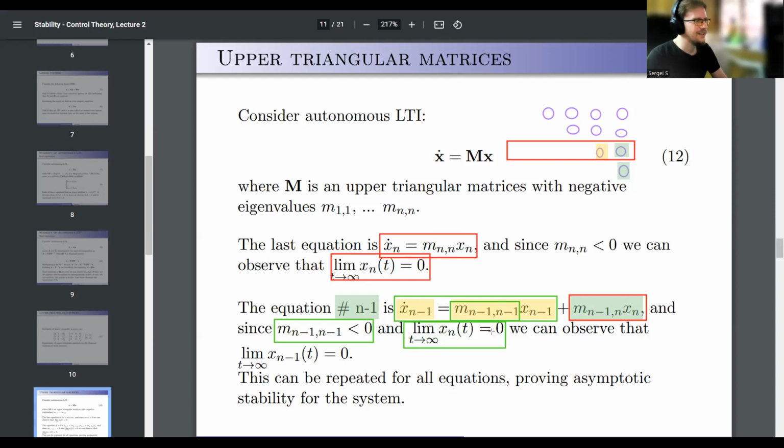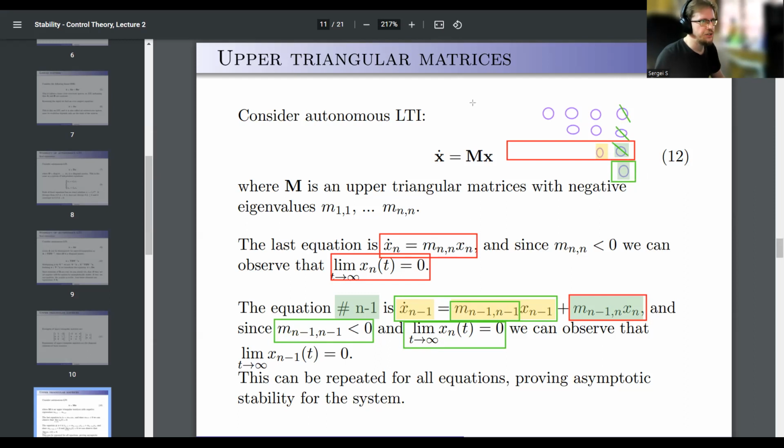Okay, and we can repeat this argument for all other equations going from the bottom to the top. We'll see that first, let's say, this goes to 0. That means that all of those make no difference.